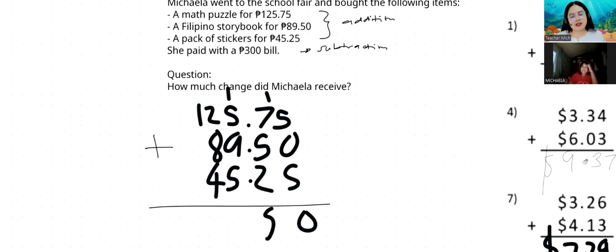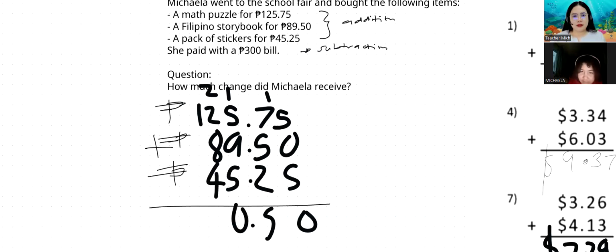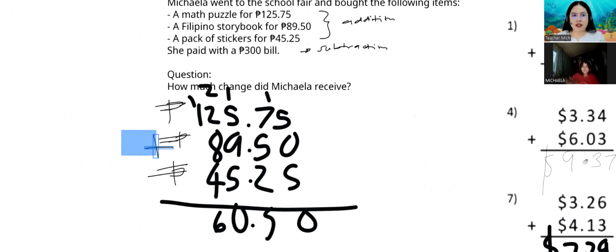What's this number? 5. Continue. And also put here the peso sign. Okay, very good. So what's your answer?